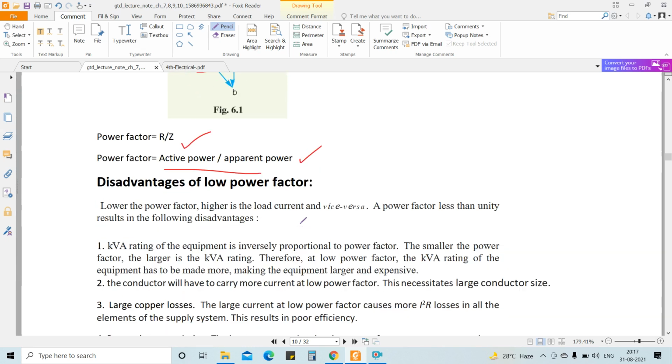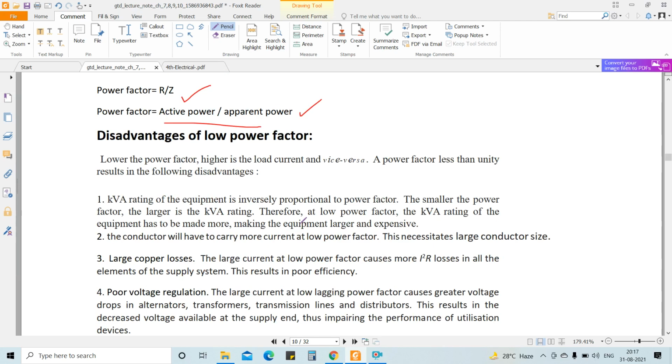So what are the disadvantages of low power factor? Actually, the power factor value ranges from 0 to 1. This 1 is the unity power factor, and below unity power factor is represented as low power factor.